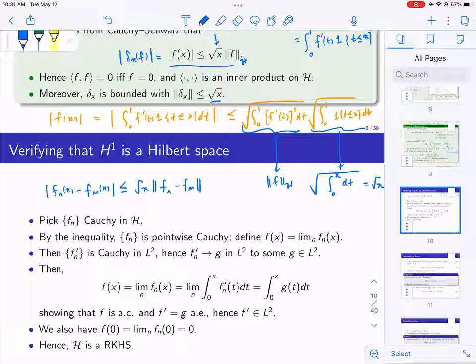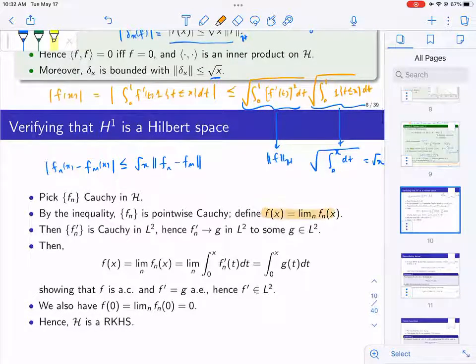If we're Cauchy in the Hilbert space, this norm goes to 0 as m and n go to infinity, and this side also does that. So the pointwise sequence is Cauchy, and I can define the pointwise limit. Pointwise limits exist, and that defines a function.